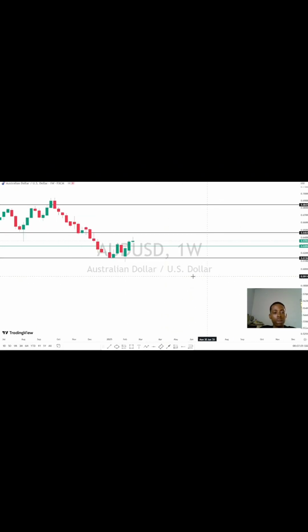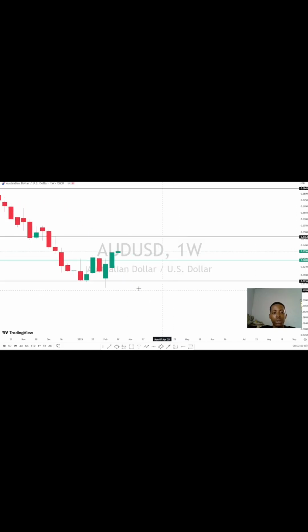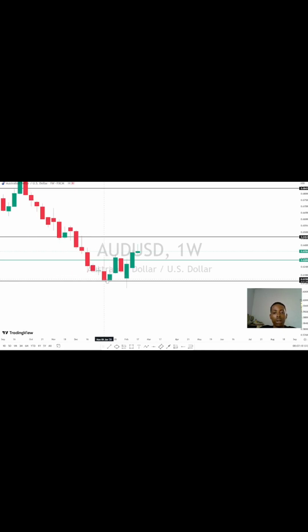Let me zoom out clearly. This is a double bottom, this is a green inverted hammer, and this is a hammer on the weekly time frame.